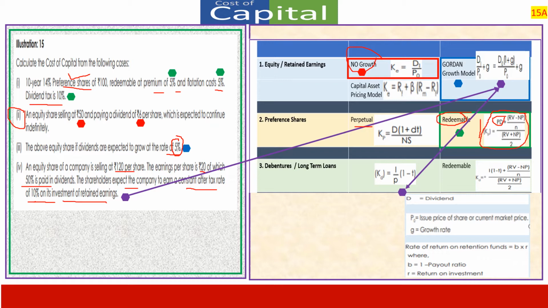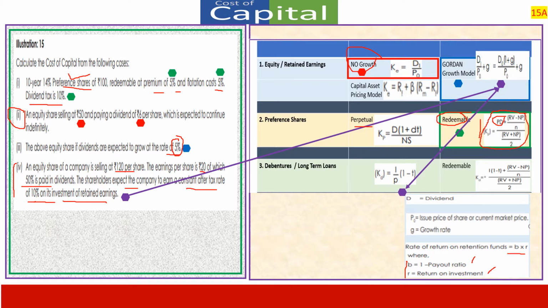In a problem like this also, we have to make use of Gordan's growth model and we have to derive G. G, as it is explained in the course of the formula, is equal to B into R. B is 1 minus payout ratio, R is return on investment. It is very simple.